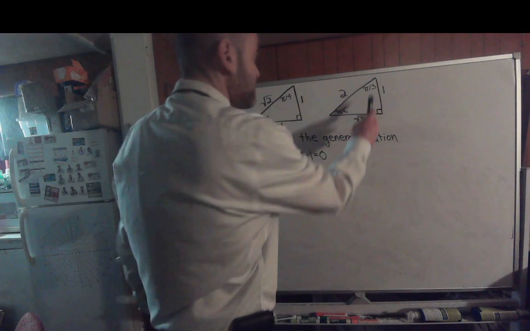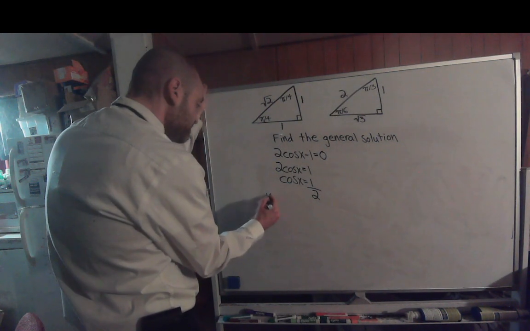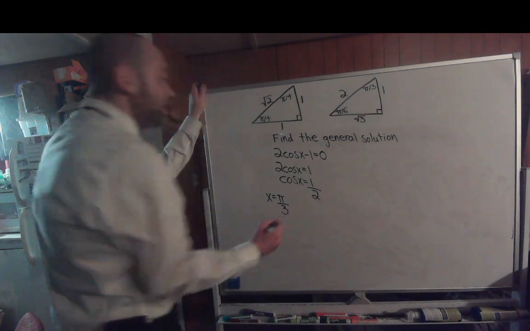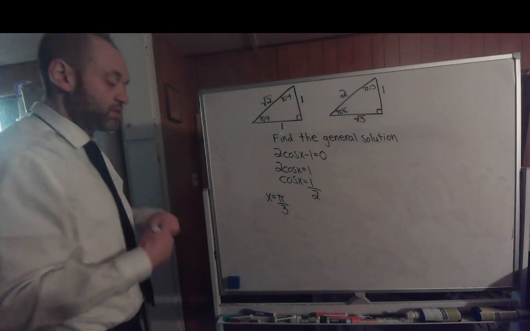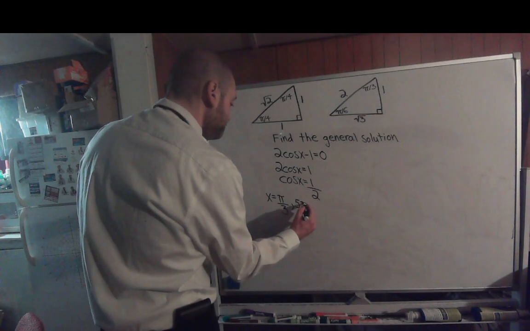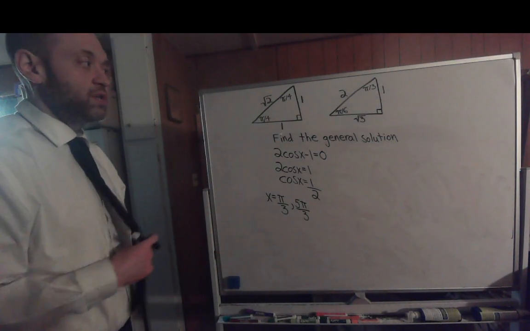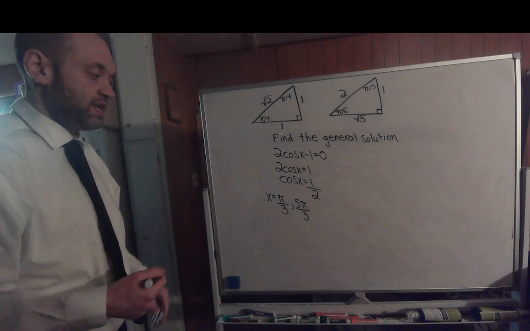Well, it looks to be pi over 3, right? You would definitely have x equals pi over 3. And then cosine is also positive in the fourth quadrant, so you would have 5 pi over 3. But that only accounts for one interval. It doesn't account for the entire possibility of solutions that are infinite.